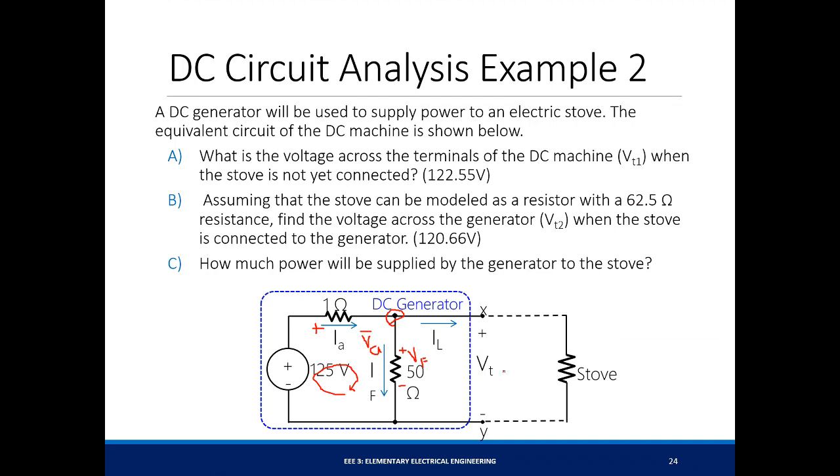Okay. Now we want to know what's the value of VT. So the value of VT can be determined by, well, there are two ways. For one, we can use KVL on this loop right here. So KVL on this loop, and we get from negative to positive, that's VF.